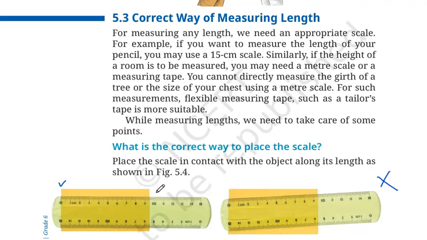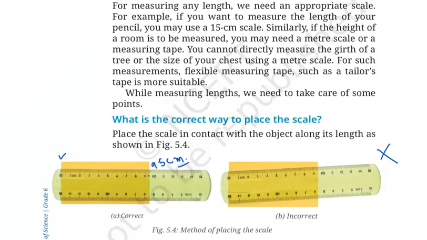So if you see here, it is reaching till 9.5 of the scale. Therefore, this object measures 9.5 centimeter. So this is the correct way of placing the scale and taking the reading. And this way you will not be able to get the correct reading because this is an incorrect way of placing the scale. All right.